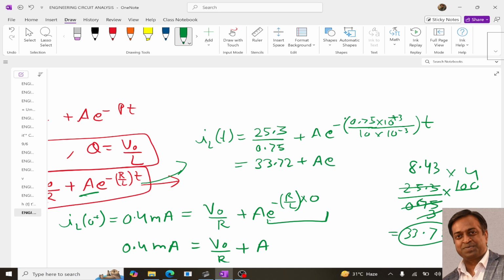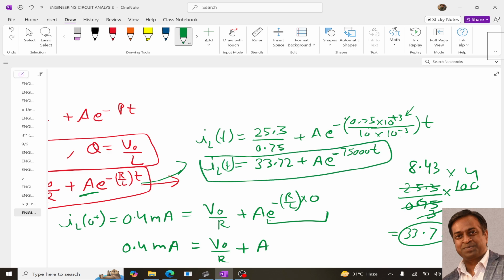Now this is plus 3, it is minus 3. So if we take this 10 into 10 power minus 3, it is 10 power minus 2, and if we take this in the numerator, we will get 10 power plus 5. So this will be minus 75000 t. So our I_L(t) is this, right?